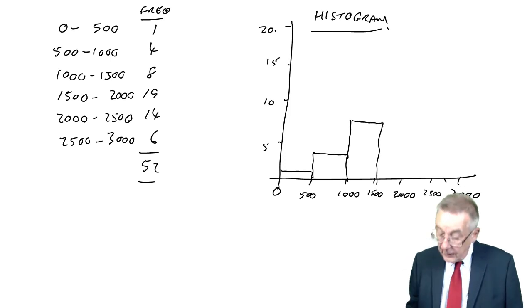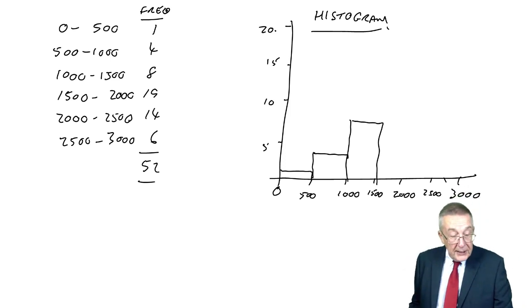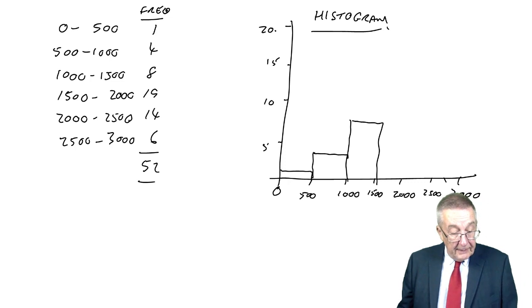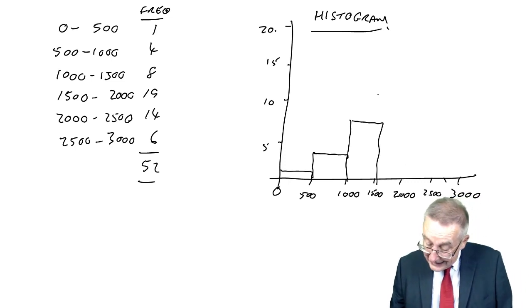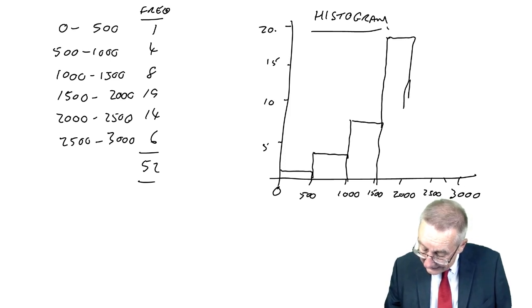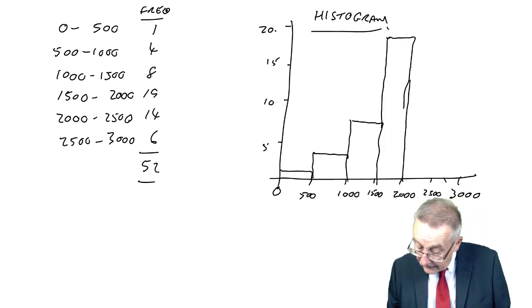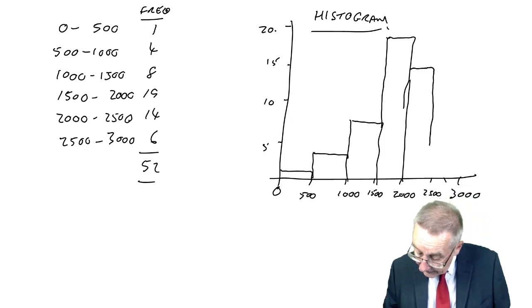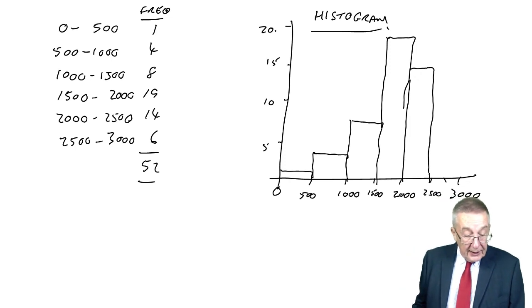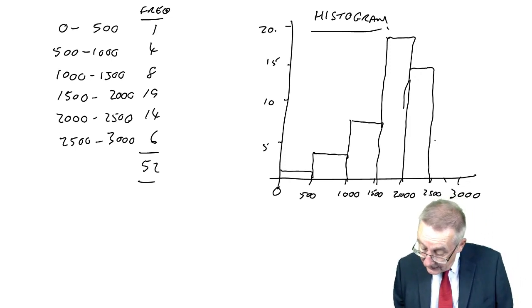I think by now you can see what's happening, but I'll quickly finish it. 1,500 to 2,000 is 19 times. 2,000 to 2,500 is 14. And 2,500 to 3,000 is 6.